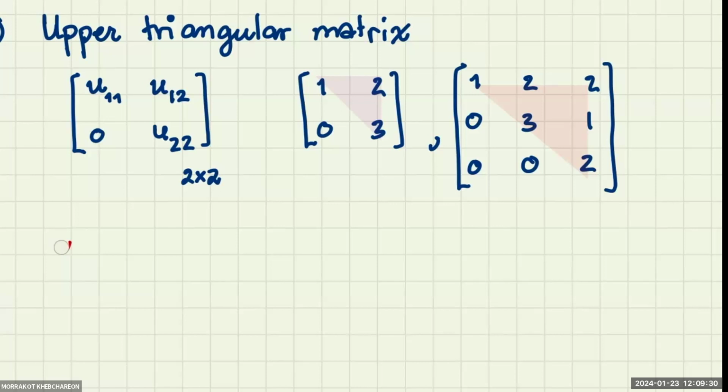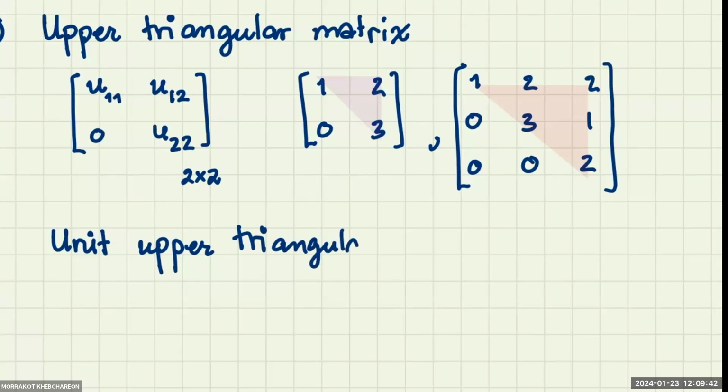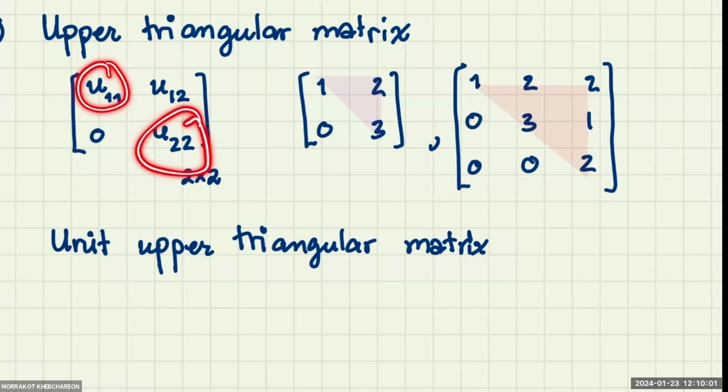And the other one I will call the unit upper triangular matrix. Unit means 1. It means that if I say unit upper triangular, the elements along the diagonal equal 1. Okay, so instead of U11 and U22, it's gonna be 1 along the diagonal.